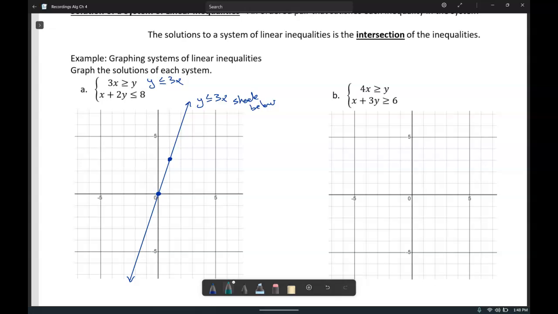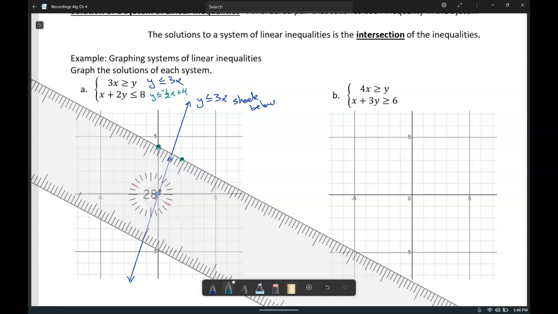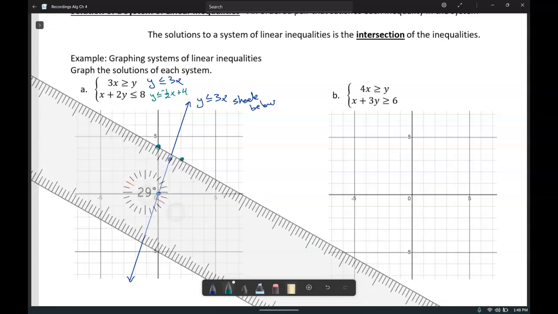We can rewrite this equation into y is less than or equal to negative 1/2 x plus 4. And so we'll start up here at 4, and we've got our negative slope, 1/2. It is also an or equal to, so we'll have a solid line.